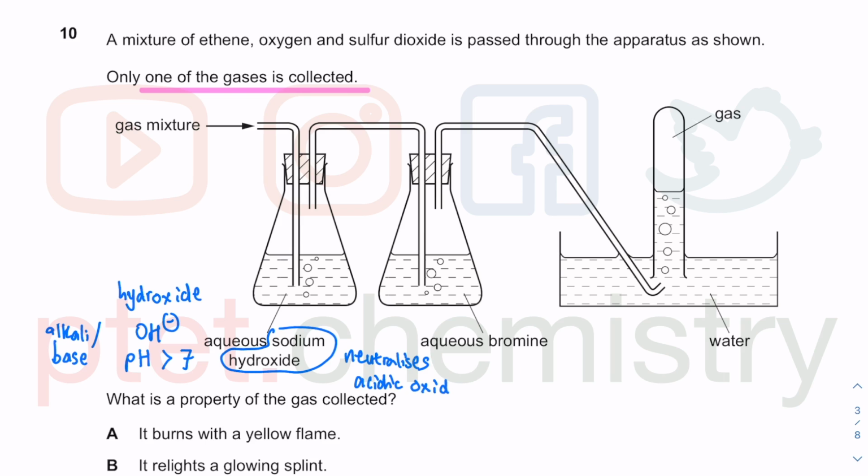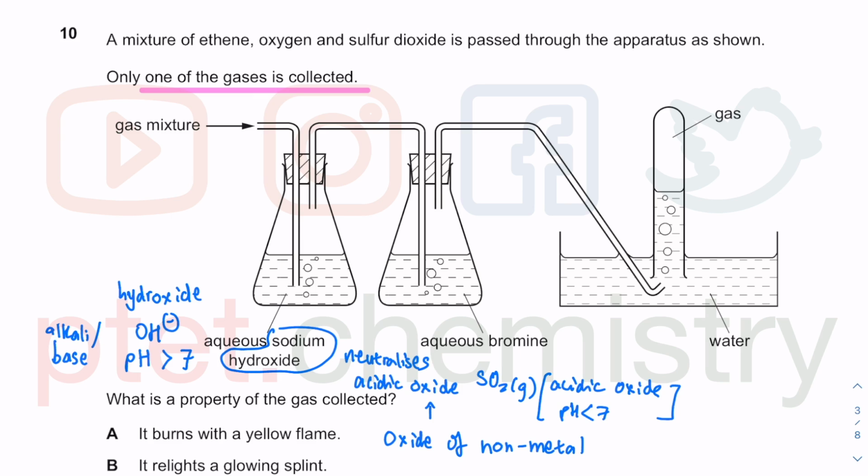We also learned acidic oxides of non-metals such as sulfur. So sulfur dioxide, which contains sulfur and oxygen, is an acidic oxide. The pH will be less than 7 when you dissolve that in water. That is from the acid, base, and salt topic. How about bromine? Bromine will decolorize the carbon-carbon double bond of an alkene.